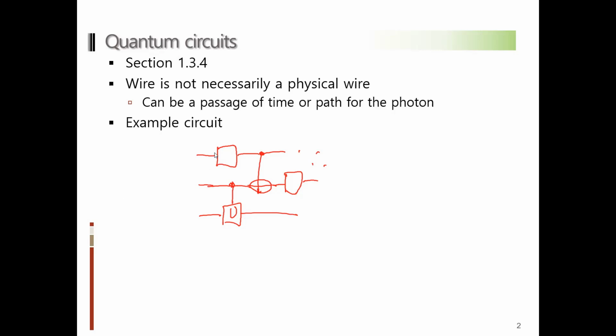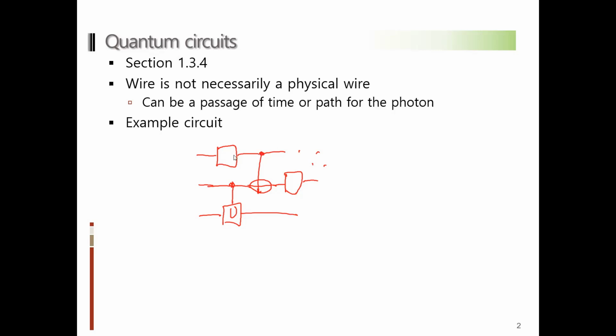If this wire represents the time evolution, or the change in time of the qubit information, however, on the other hand, each of these lines also corresponds to a physical quantum memory, or physical qubit. So that's probably where the confusion comes from.